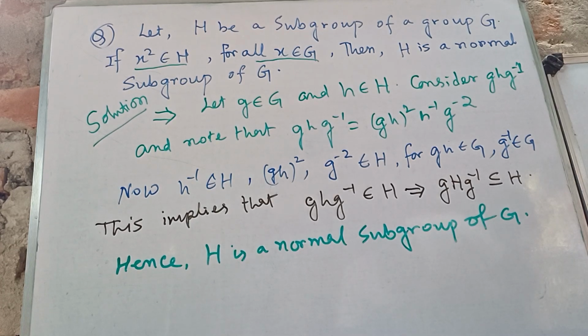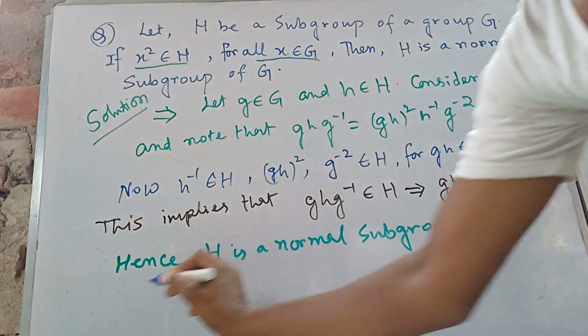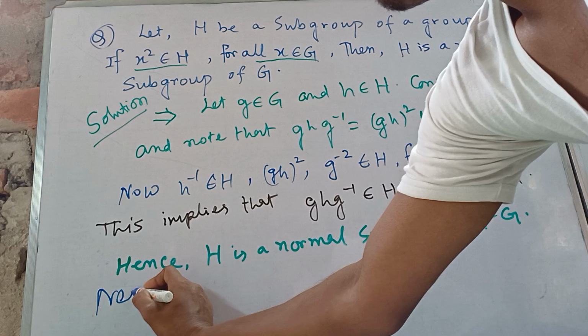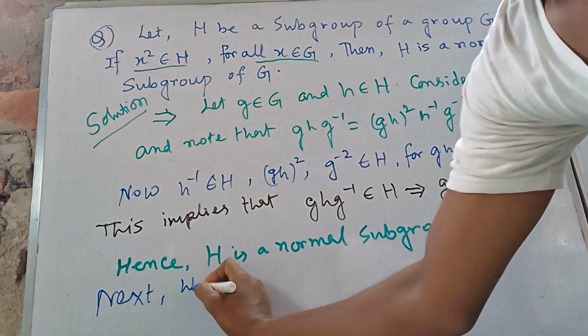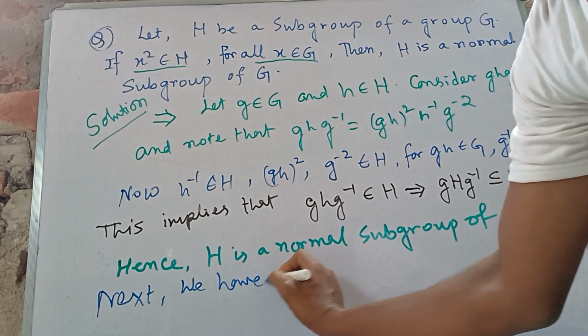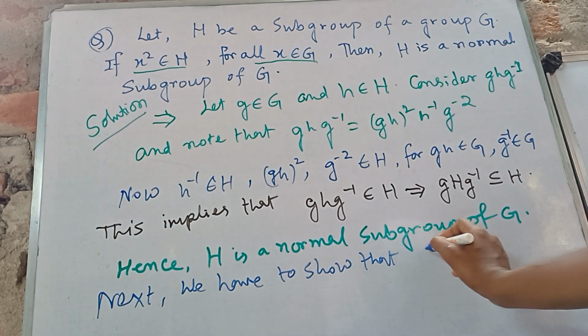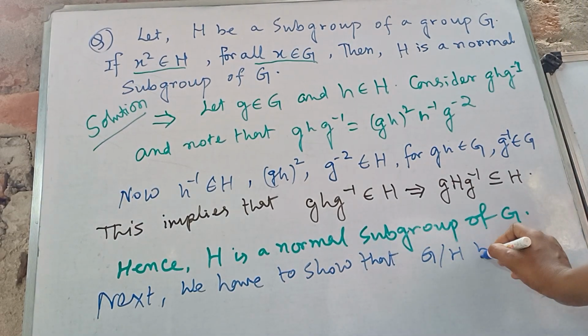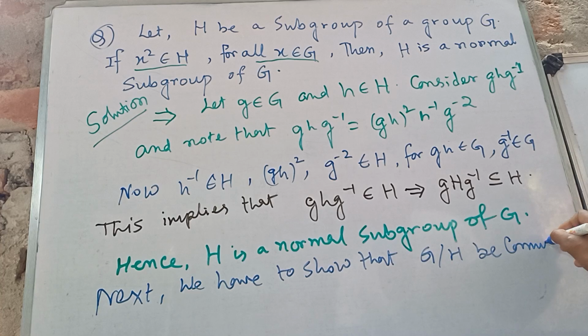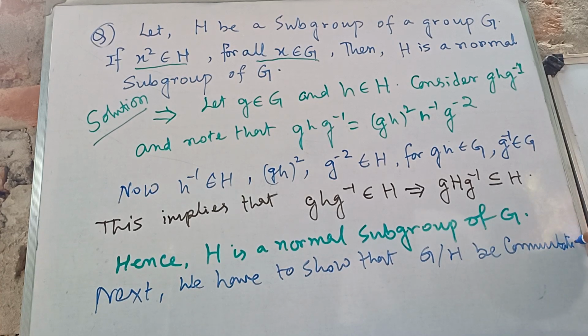Then next we have to show that G quotient H is commutative. G quotient H is commutative, we have to show now.